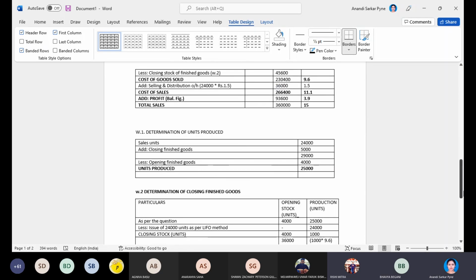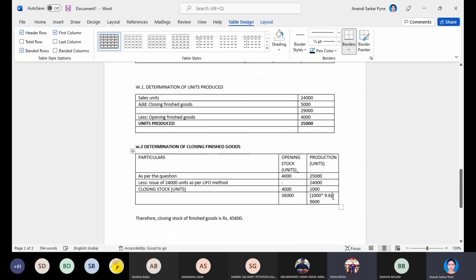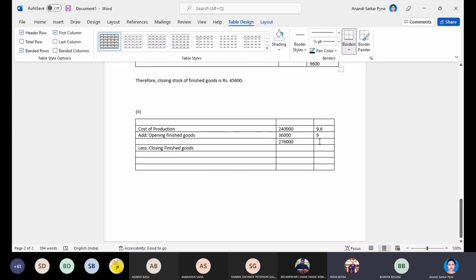Yes, that we have done in workings, right? Why did we take 9.6? Because cost of production was 9.6. But here we can see the opening finished goods is 9.